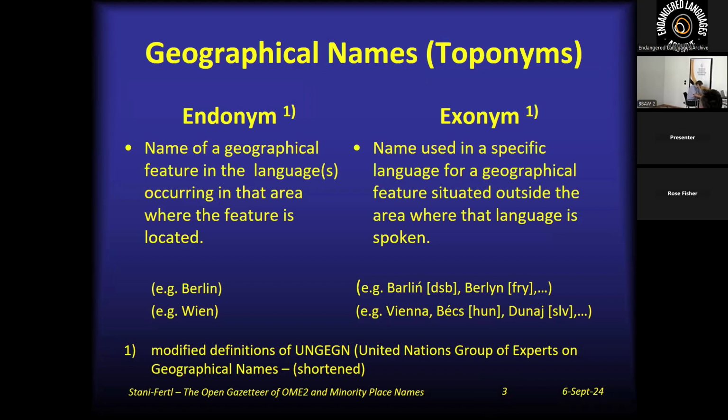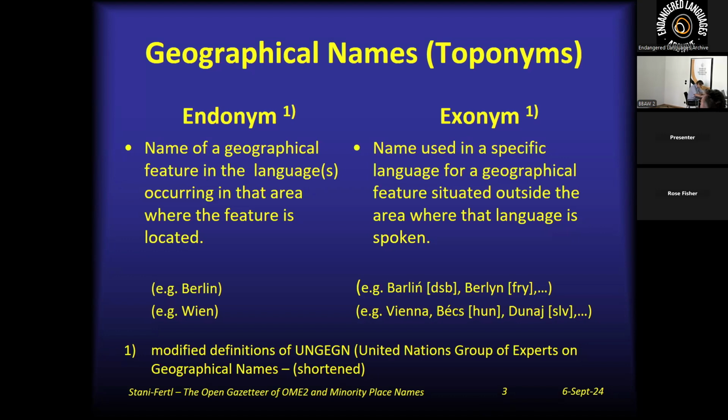I want to illustrate the value of toponyms using the example of Sami languages. However, before doing so, I need to introduce two terms relevant for the presentation: exonym and endonym. On the slide are slightly modified shortened definitions from the United Nations group of experts on geographical names.